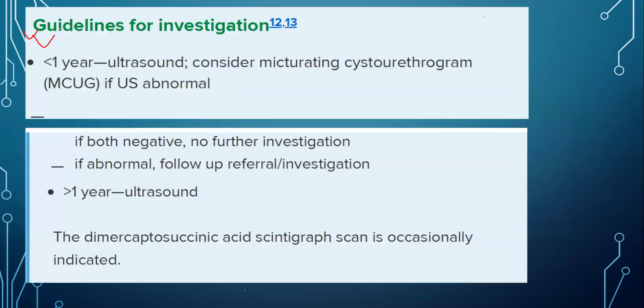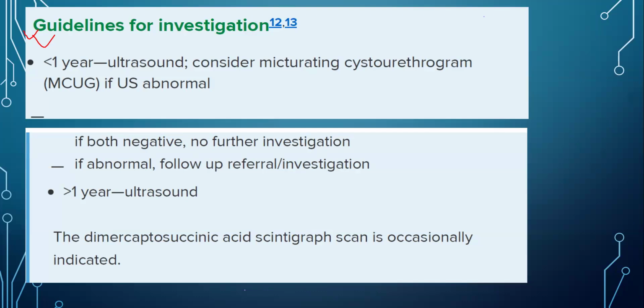Now, what is the guideline of investigation? First of all, any child less than 1 year who gets a UTI, especially recurrent UTI, so more than one, needs further investigation to know if there is any other abnormality in their urinary tract.